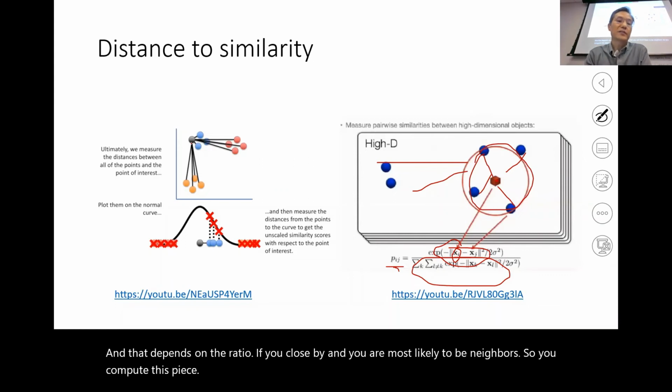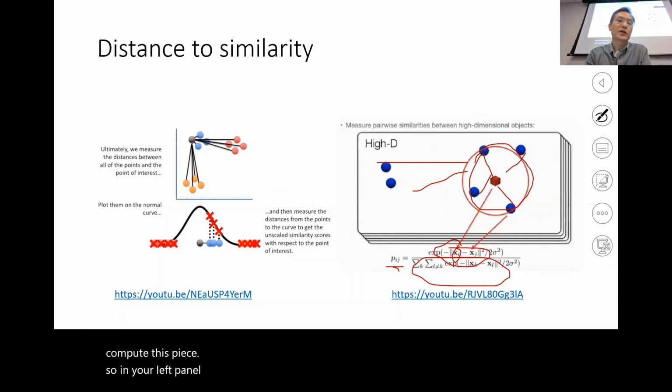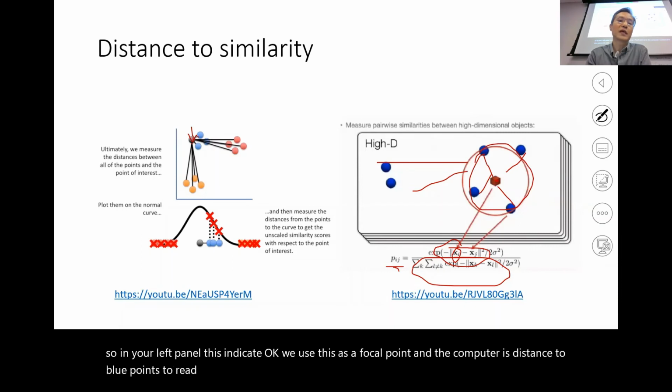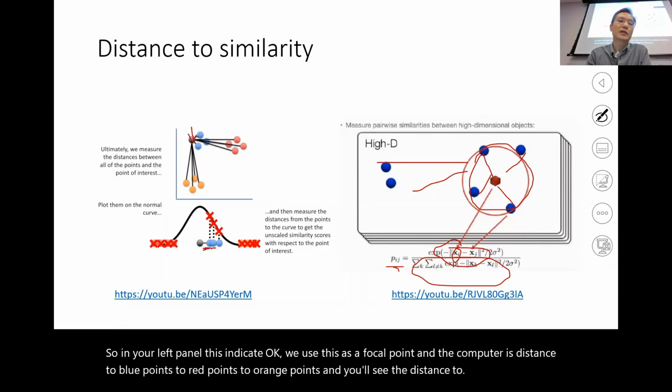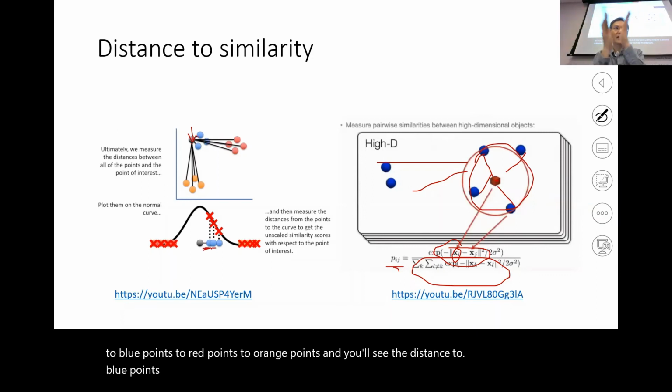So in your left panel, this indicates, okay, we use this as a focal point and compute its distance to blue points, to red points, to orange points. And you see the distance to blue points is narrow.